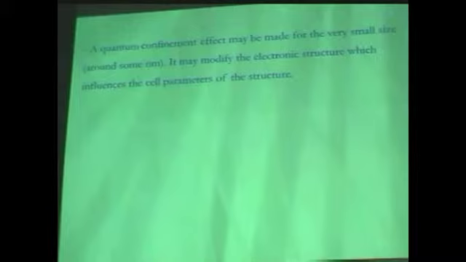Two explanations may be given for this modification of cell parameters. The first is the quantum confinement effect, which may occur for very small sizes, around 1 nanometer. This confinement effect may modify the electronic structure, and the electronic structure will evidently influence the cell parameters of the structure.